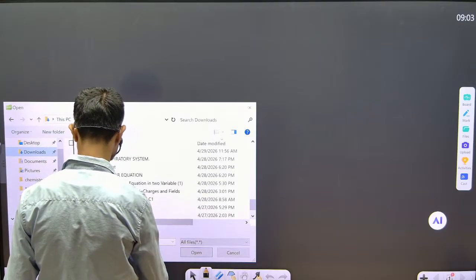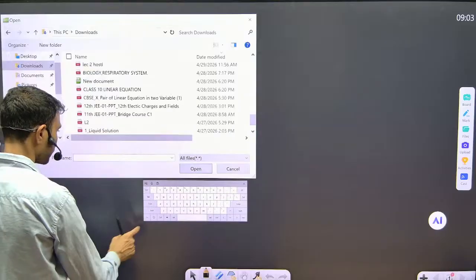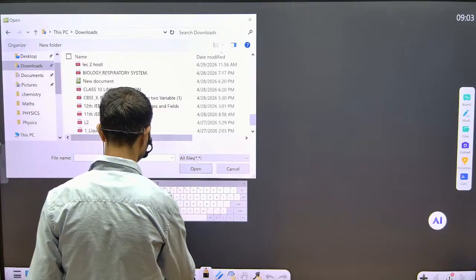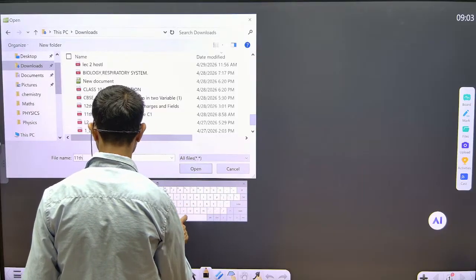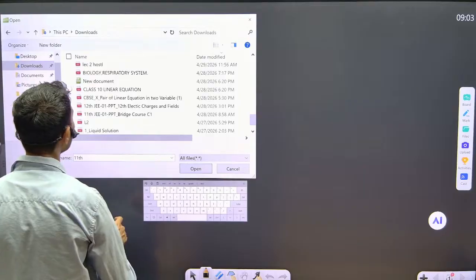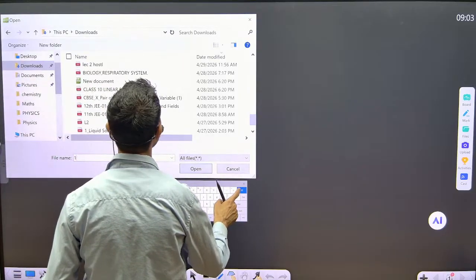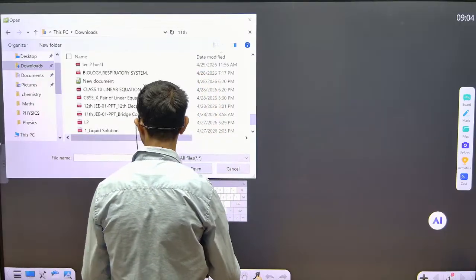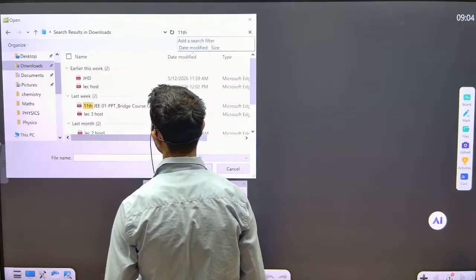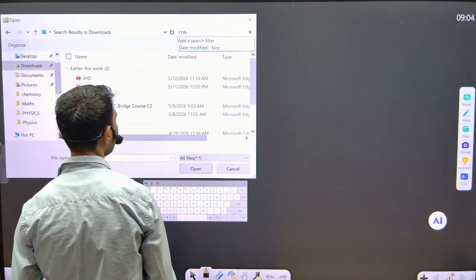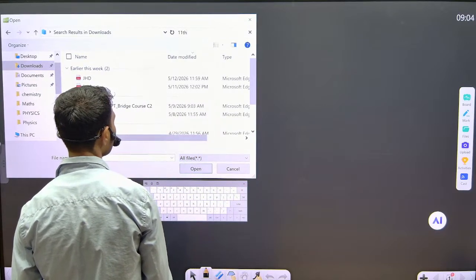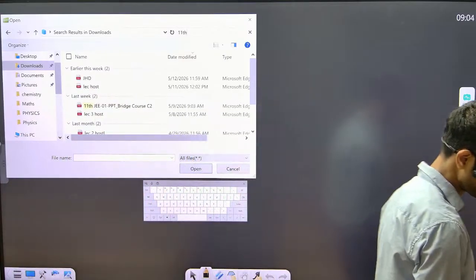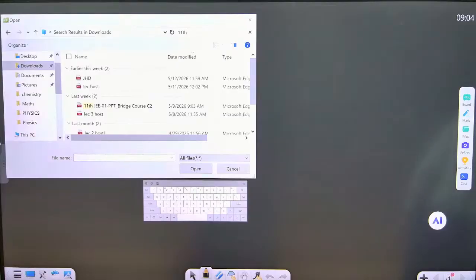C1. Where is C2? Eleven. Oh, 11 C2. When was it downloaded? It's an old file, is it? 5.9. Okay, not that old, I suppose.